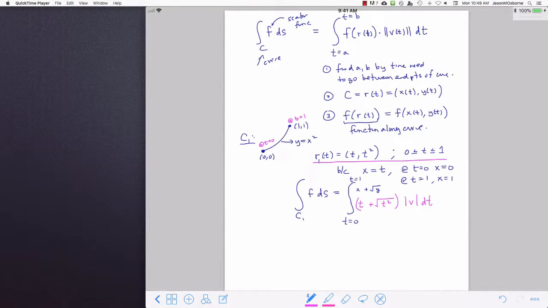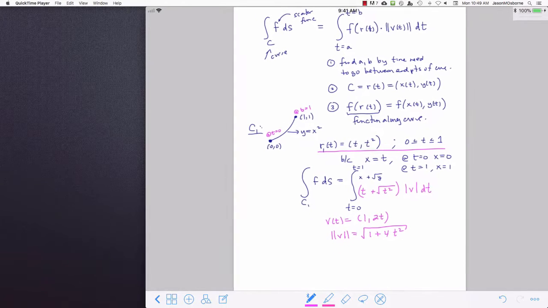But the curve was t comma t squared, so the velocity vector is 1 comma 2t, and the magnitude of that velocity vector is the square root of 1 plus 4t squared.